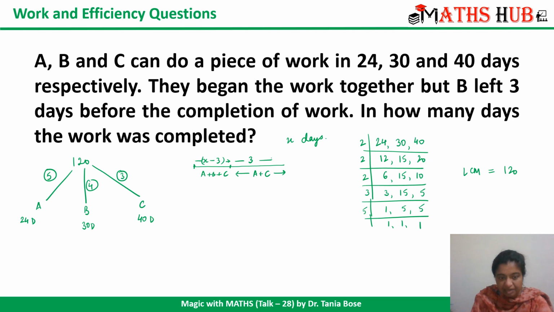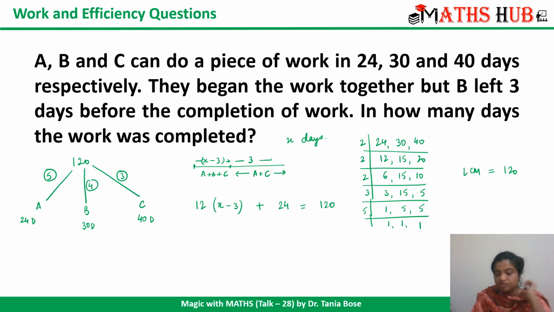Okay. So I need to calculate this X. How to calculate this X? What is the total efficiency of A plus B plus C? The total efficiency is 5 plus 4, 9, 9 plus 3, 12. So how much part of the work is done? 12 into the number of days, that is X minus 3. Plus, what is the efficiency of A and C? It is 5 plus 3, 8. 8 into 3, 24. And how much is the total part?